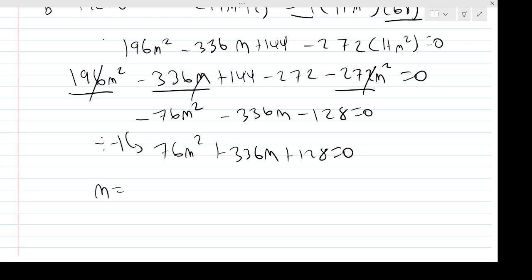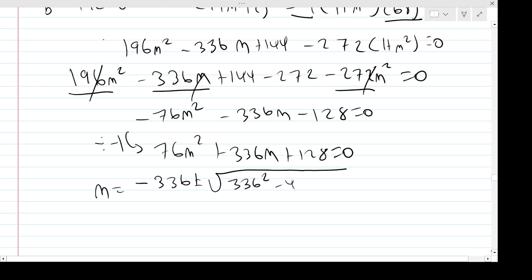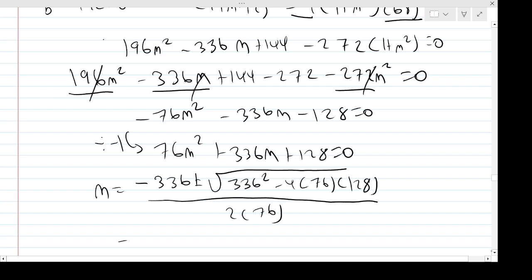Therefore, if we use the formula, we get m is minus 336 plus or minus the square root of 336 all squared, take away 4 of a 76, c 128, all over 2 times a, 2 times 76, and that gets me, put that in the calculator, okay, m is minus 8 over 19, or m is minus 4.